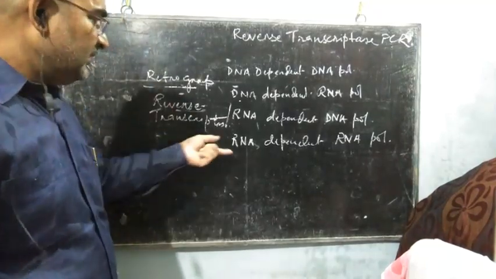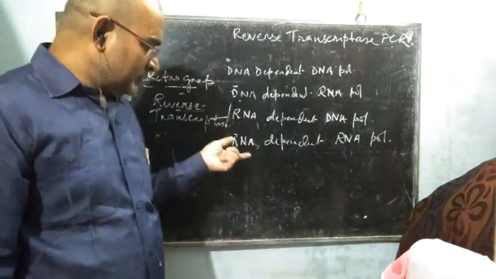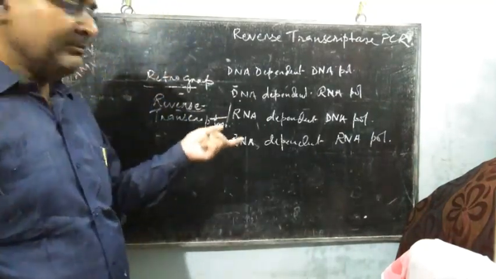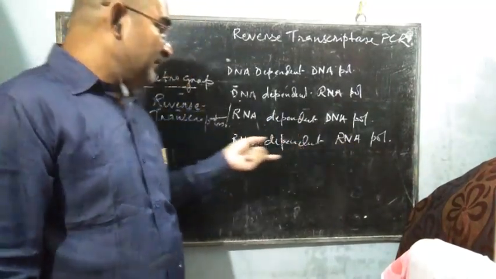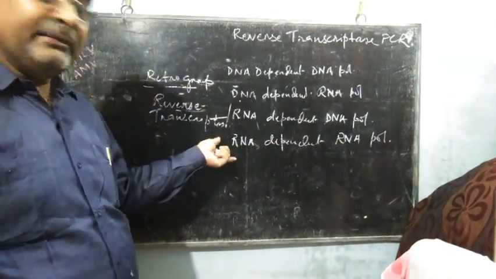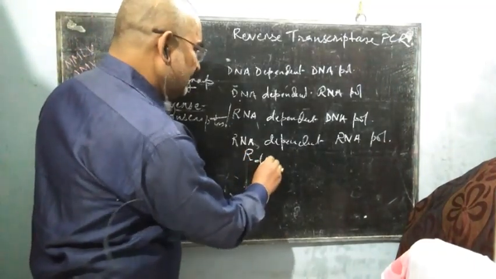Fourth one is the RNA dependent RNA polymerase. That means the RNA is synthesized by the use of the RNA template, and it is better to write here RDRP.